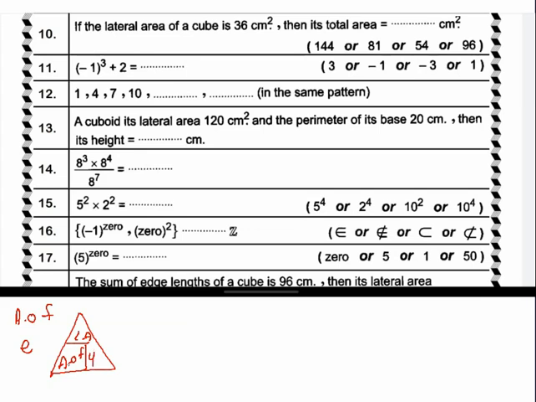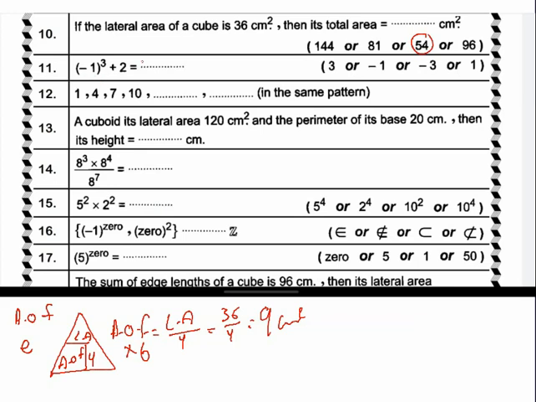To get the area of one face, divide lateral area by 4. So 36 divided by 4 is 9 centimeters squared. Now multiply area of one face times what? To get total area, times 6. So 9 times 6 equals 54 centimeters squared.